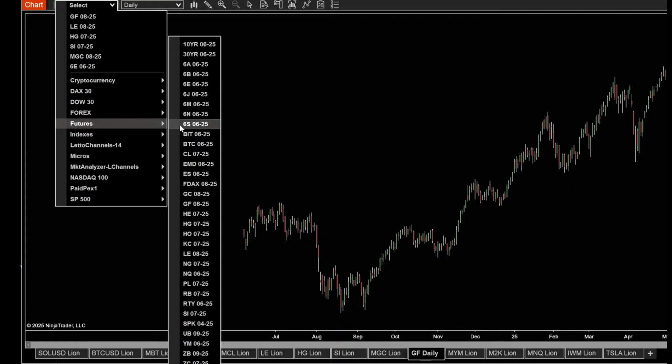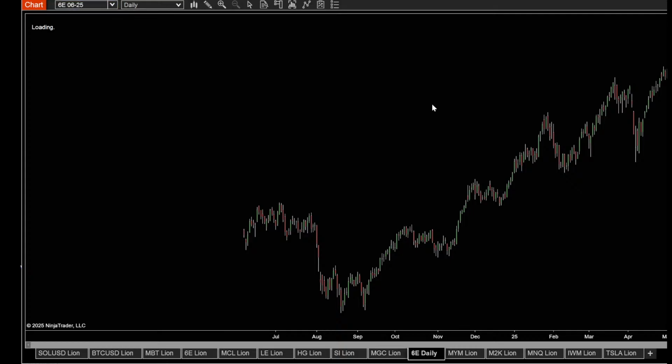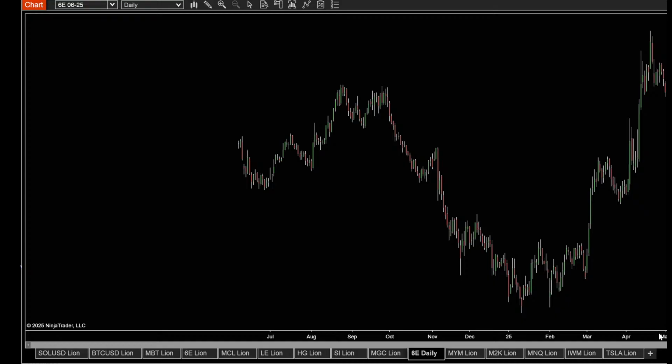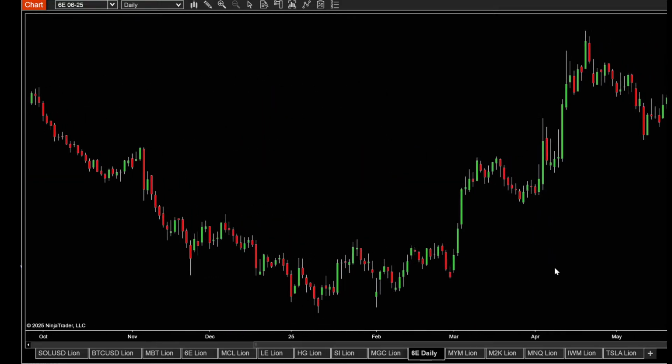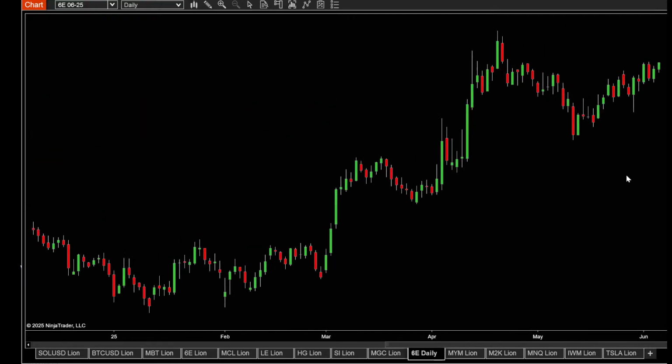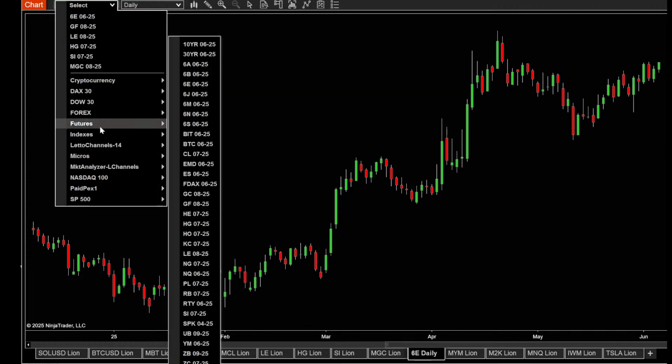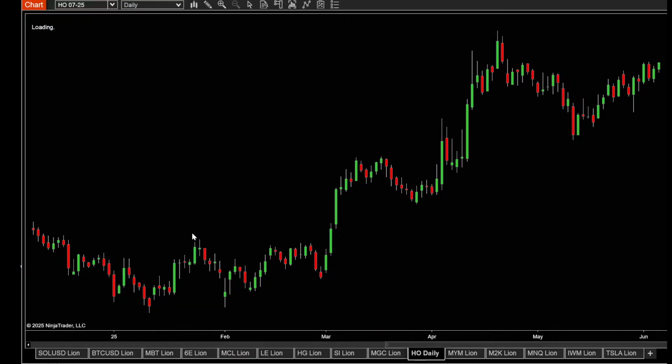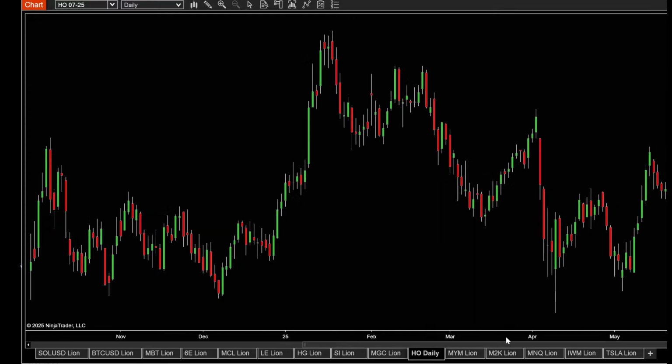Okay, I wanted to take a look at 62. The euro is back, baby, at $1.14 for a euro. I do occasionally pop over to heating oil. That can be a little bit of a beast.